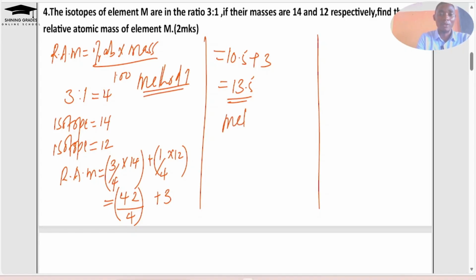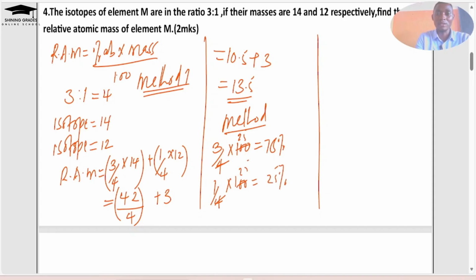Then I have method 2, whereby I can first find the percentages of these isotopes. For isotope 14, I'll take 3 over the total ratio 4 multiplied by 100, and I get 75%. For isotope 12, I have 1 over 4 times 100, which is 25%.